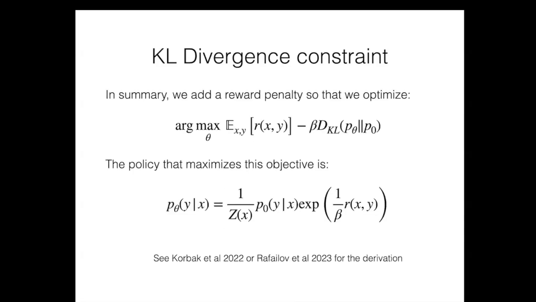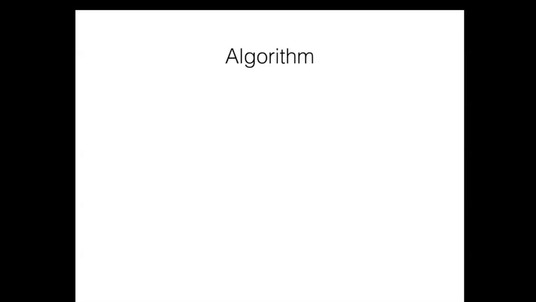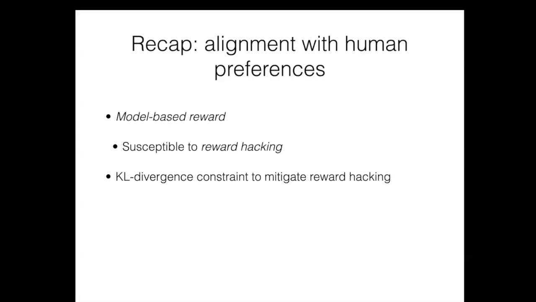So I think we're basically out of time, but these are all the major parts for this reinforcement learning with human preferences. Again, the key idea is we're going to learn some reward function, and then it's very common to use this KL divergence constraint. And one argument for it is that it might help mitigate some of this reward hacking.